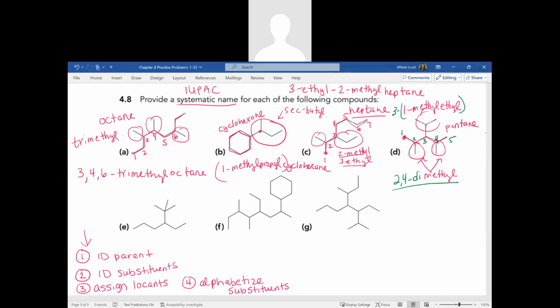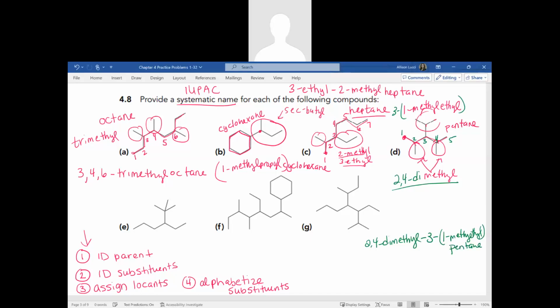So what we see is that we would list the dimethyls first, and then our methylethyl second. So we would call this in IUPAC nomenclature a 2,4-dimethyl-3-(1-methylethyl), and then this would all be one word if I had enough room, pentane.